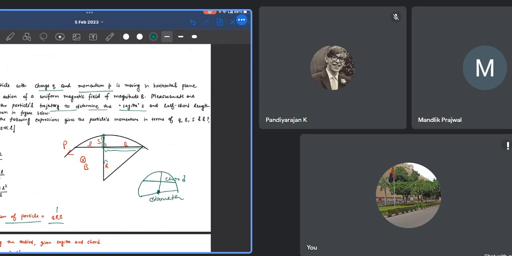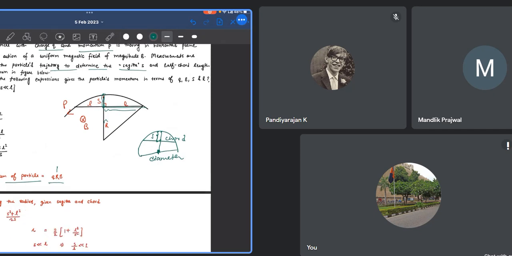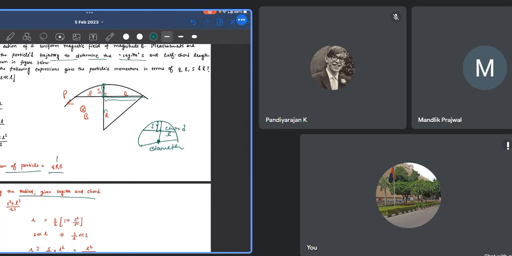And there is this distance, the sagitta, which is the distance of this chord from the surface. So we have to find the answer in terms of these two values, S and L. There is a formula given for curves: if you want to find the radius, you can use this formula directly, the relation between S and L.